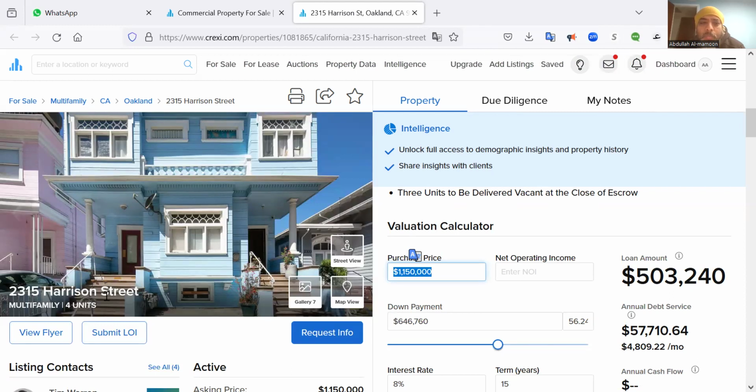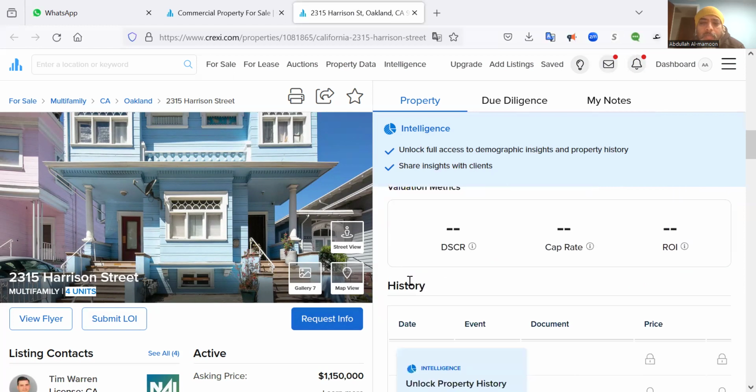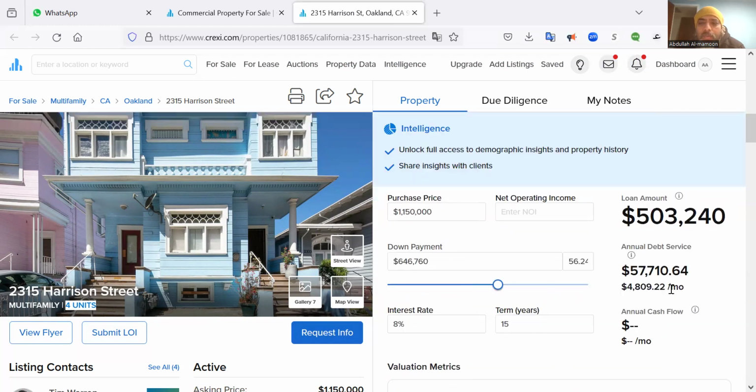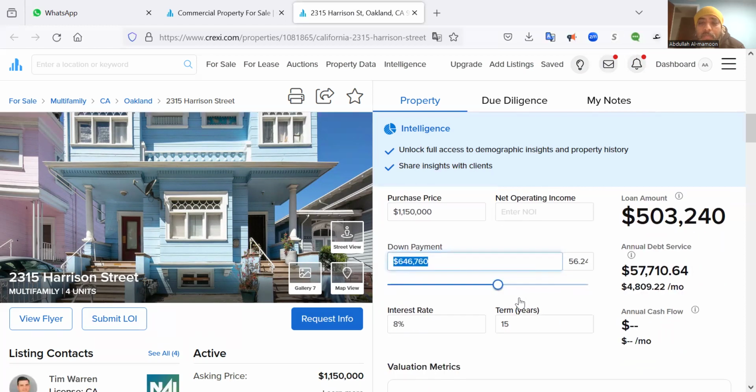This is a 4-unit property, right? Say your loan is 5,000 per month if you make a 56% down payment.